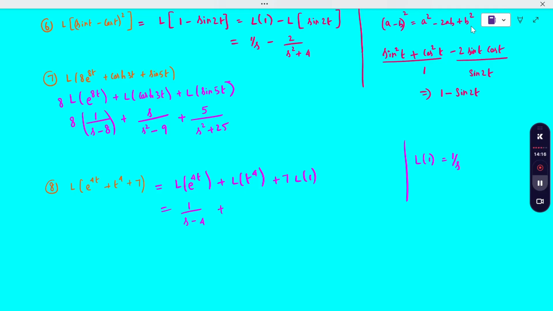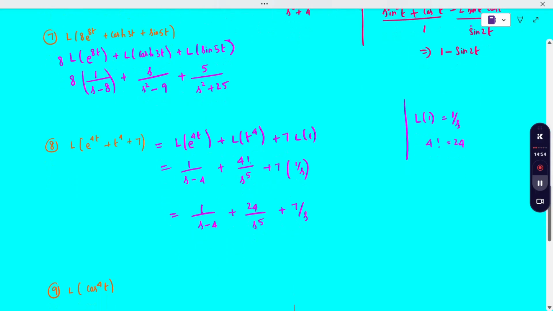Plus L of t to the power 4 is 4 factorial divided by s to the power 4 plus 1, so s to the power 5. Calculate 4 factorial on a calculator: it is 24. Then 7 times L of 1 is 7 by s. One more step: 1 by s minus 4 plus 24 divided by s to the power 5 plus 7 by s. Completed. No need to simplify by taking the LCM; that is not compulsory.